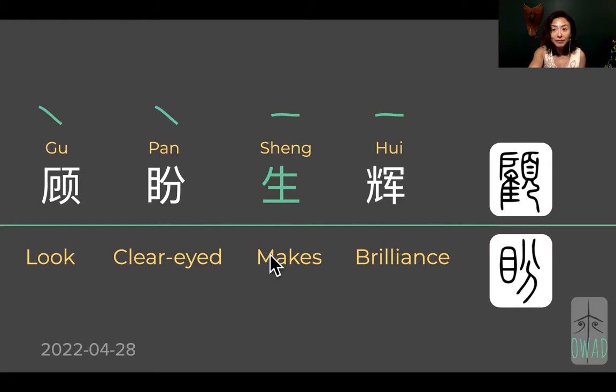Okay, and 盼 looks like this. And we know here, the left side symbol is the eye symbol. It makes sense, right? Kind of an oval shape with two horizontal lines. Just like the nose, the nostrils are actually stacked up. It should be horizontal, right?